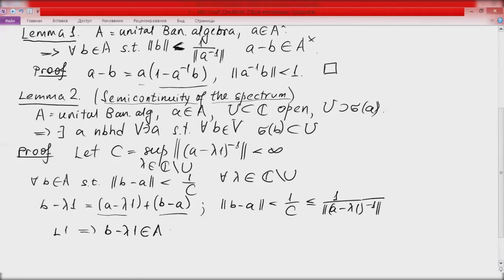And since lambda was an arbitrary point in the complement of U, this implies that the spectrum of B is contained in U. So we see that the neighborhood V we are looking for is just the open ball with center A and of radius 1 over C. So this completes the proof.